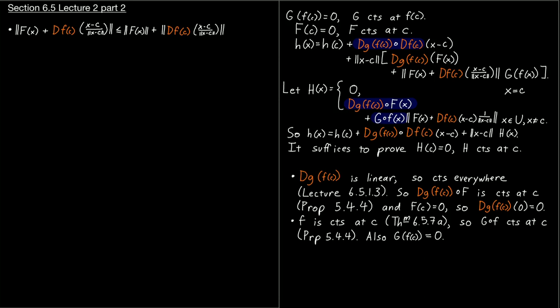But then notice that this vector x minus c over the norm of x minus c, that's a unit vector. So for the second piece, we've got our F of x floating around. We've just got the norm of our df of c. Because df of c is a linear operator, by the proposition from the end of last lecture, this is finite.